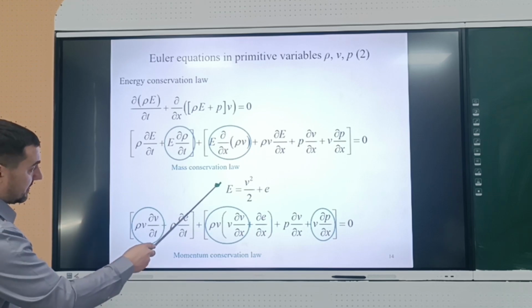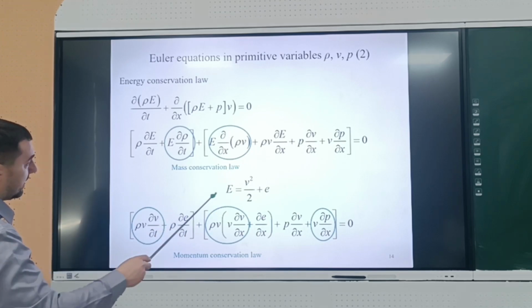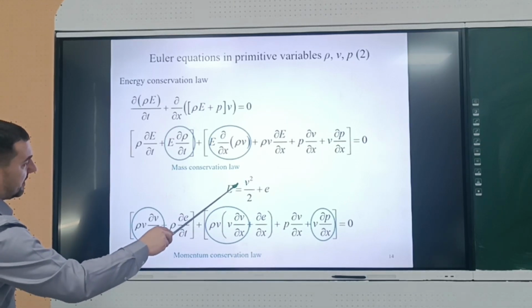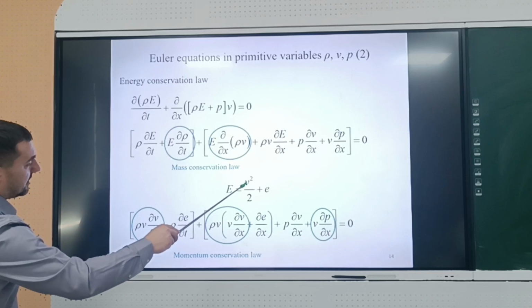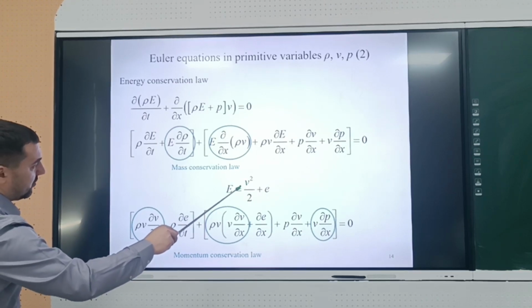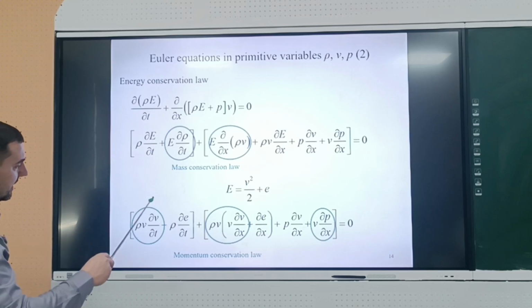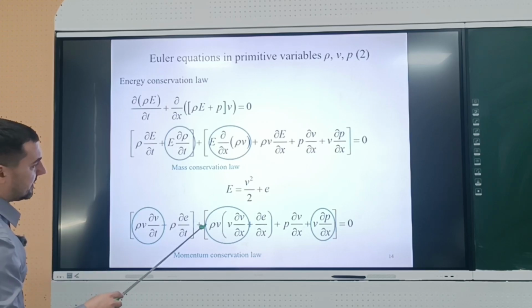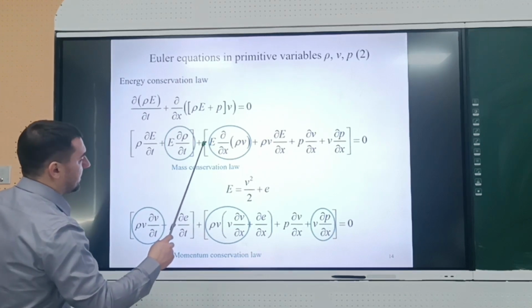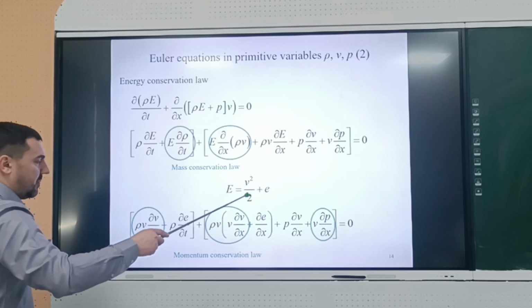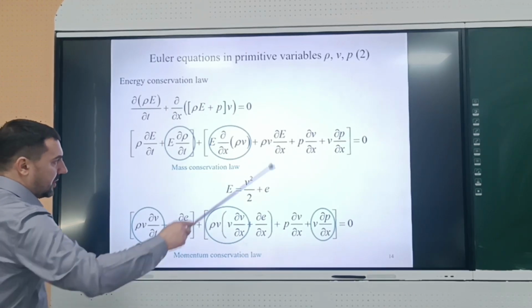So then we use this expression for total energy and compute the derivative with respect to t here. For example, d over dt of v squared over 2 equals v dv over dt. That is why we have it here and here. And everywhere we take into account that total energy is the kinetic term plus internal energy, and put it here.